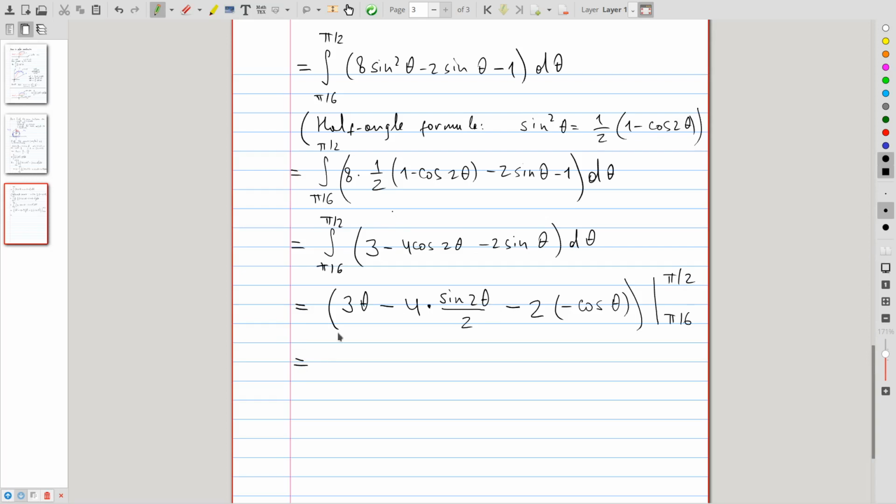Let's perform the multiplications here. We'll get 3 theta minus 2 sine of 2 theta plus 2 cosine theta. So we can go ahead and evaluate the difference.